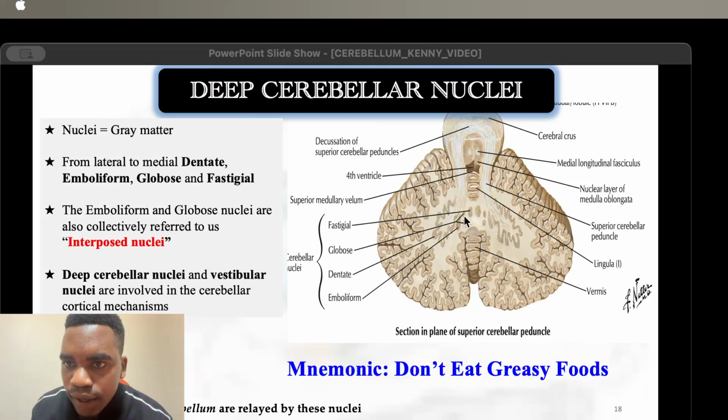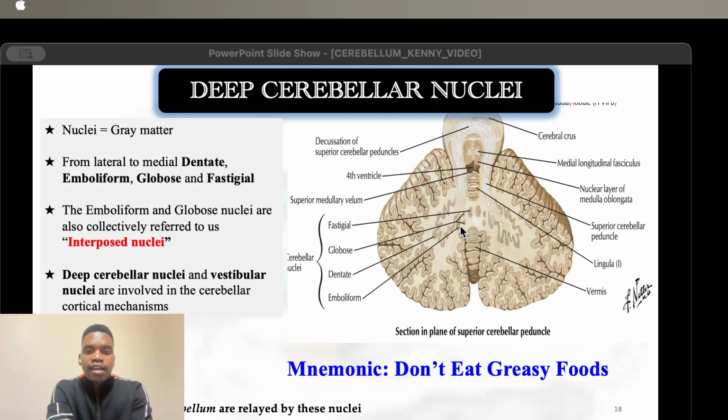The two middle nuclei, emboliform and globose, are together referred to as the interposed nuclei.